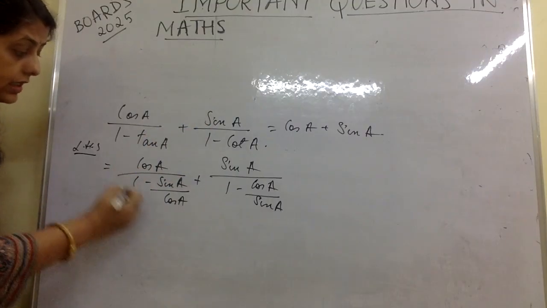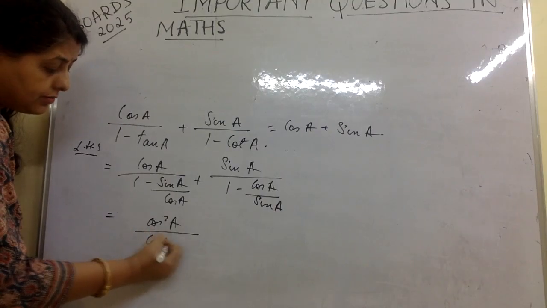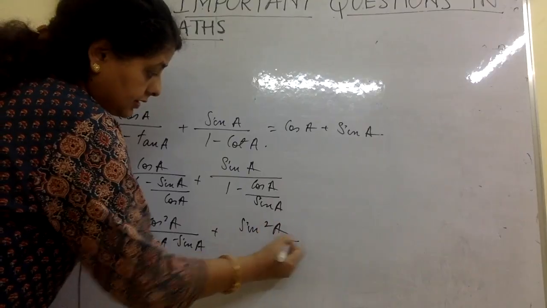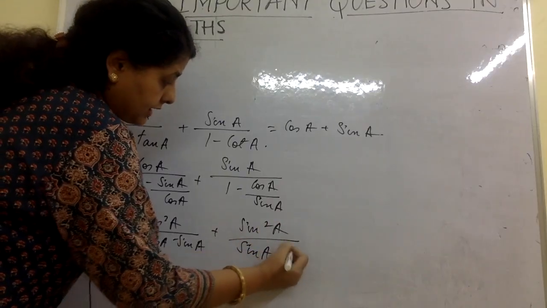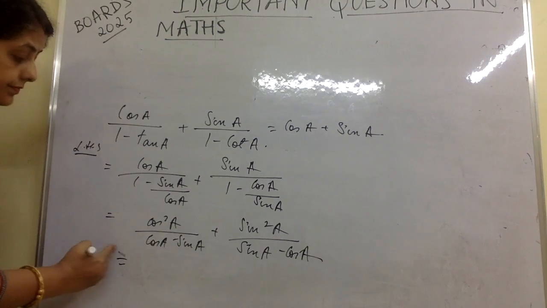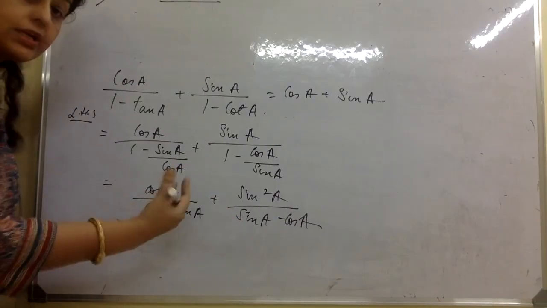Now here I am getting cos square A over cos A minus sin A clearly, plus sin square A over sin A minus cos A, right? Okay, now what to do? The denominator is not same, so I can't take LCM.